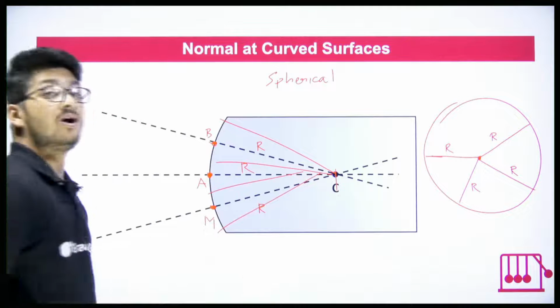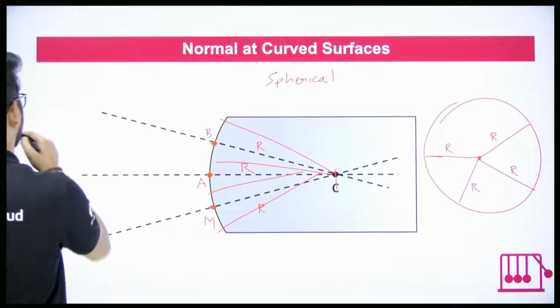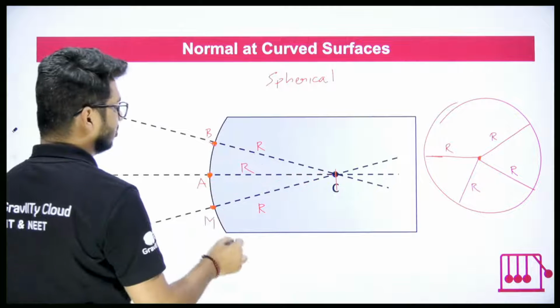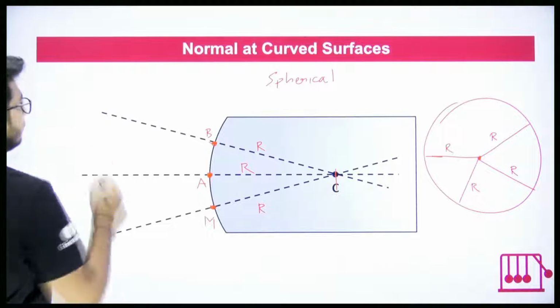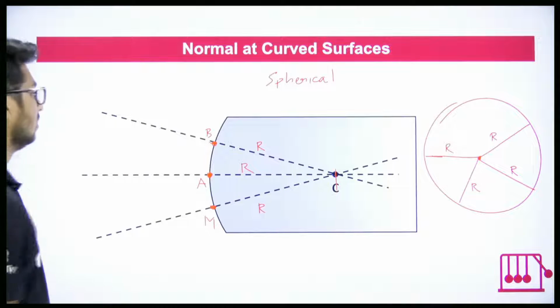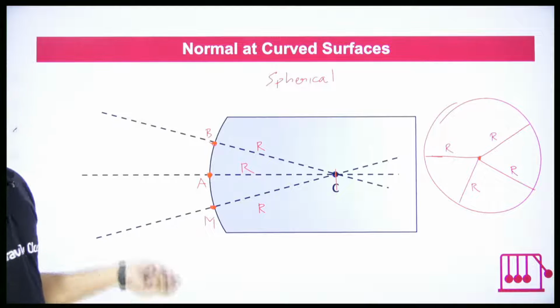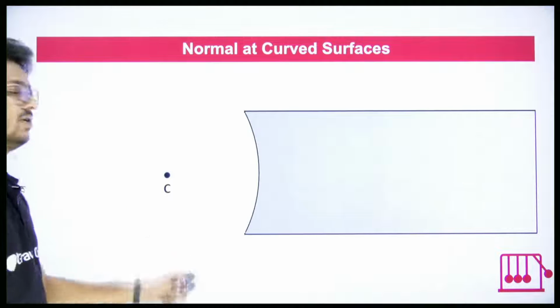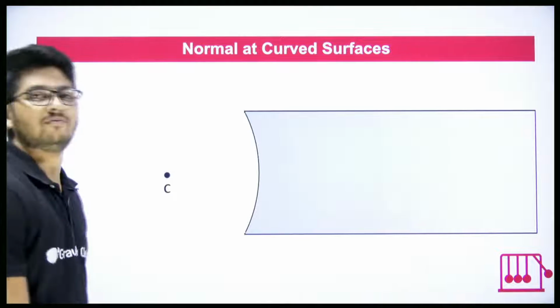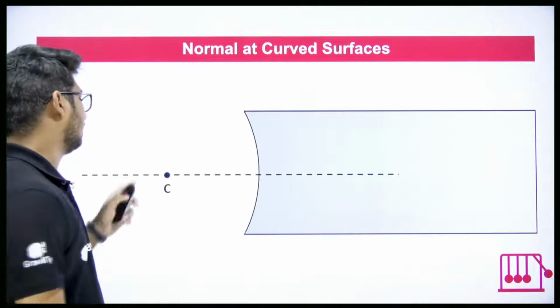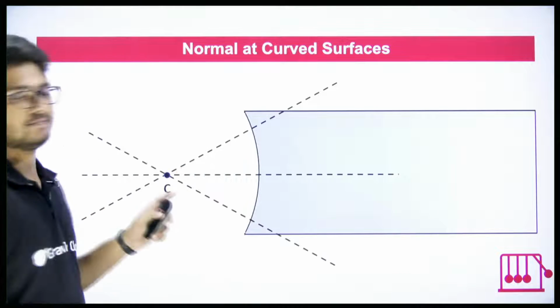All of them are radii. So you have to be careful. Understood? So these are the normals. The same will work for this also.